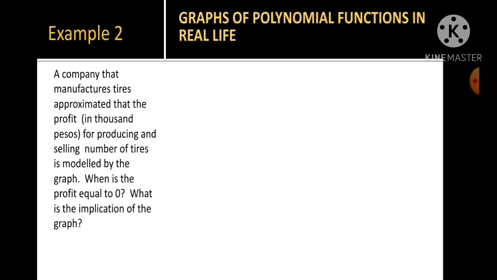A company that manufactures tires approximated that the profit in 1,000 pesos for producing and selling x number of tires is modeled by the graph. When is the profit equal to 0? And what is the implication of the graph?